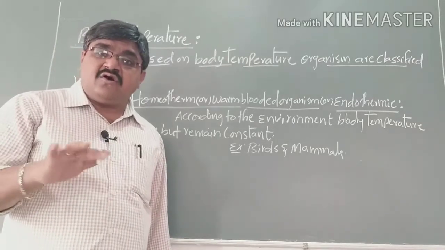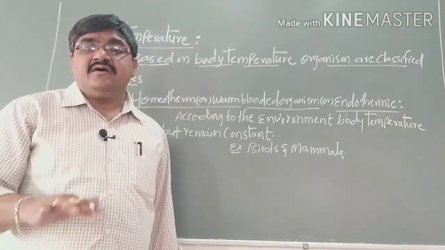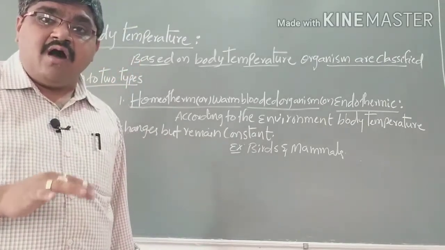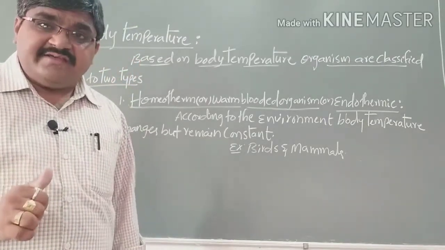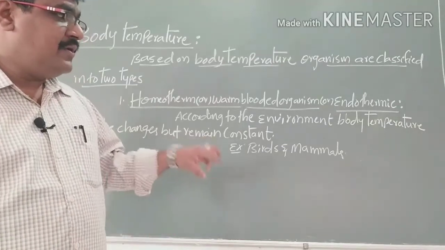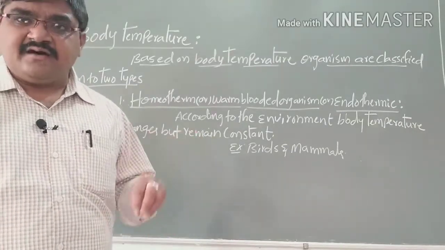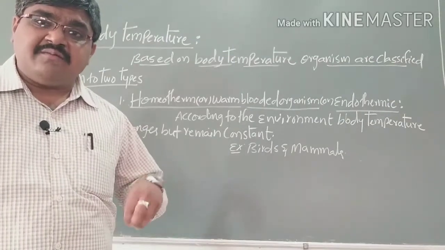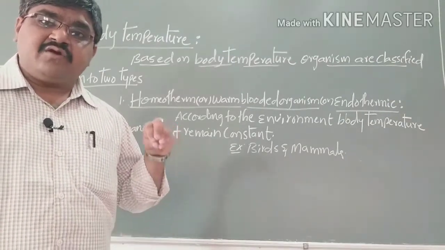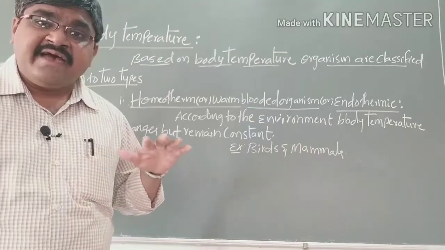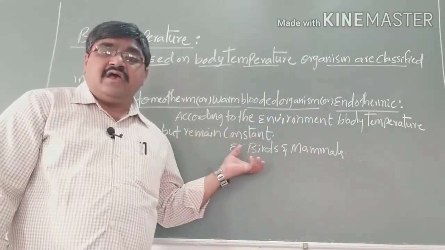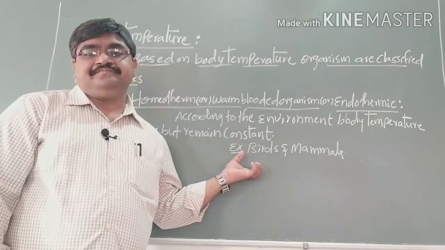Then we call them homeotherms, or warm-blooded organisms, or endotherms: endo means inside, therm means temperature. That means the temperature inside the body remains constant.